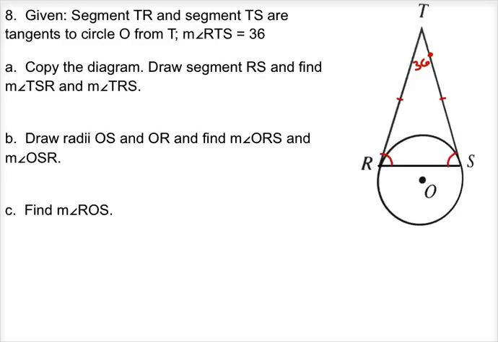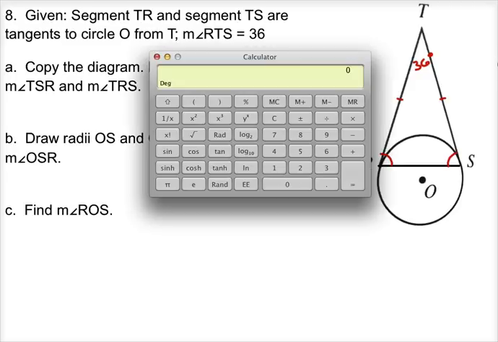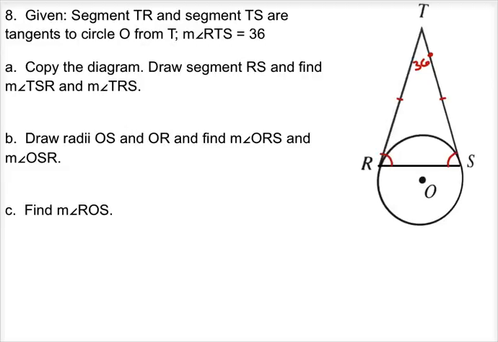The easiest thing for me to do is to grab my calculator. I know that all the angles in a triangle add up to 180 degrees. So if I take 180, subtract off the 36 degrees I have at the top, I'm left with 144, divided by 2 between the two congruent angles, and I know that each of them is going to be 72. So up here, I can write in that they're both 72 degrees.